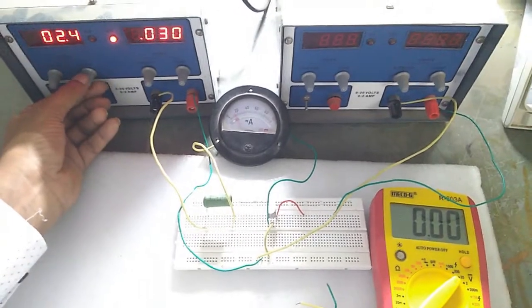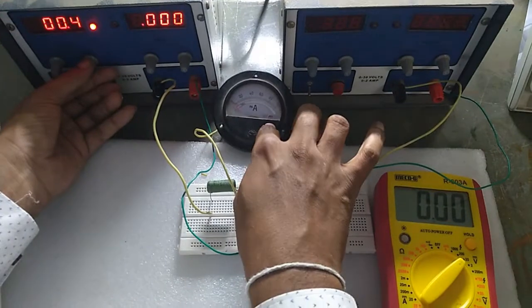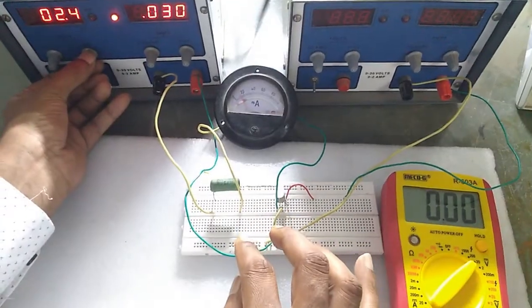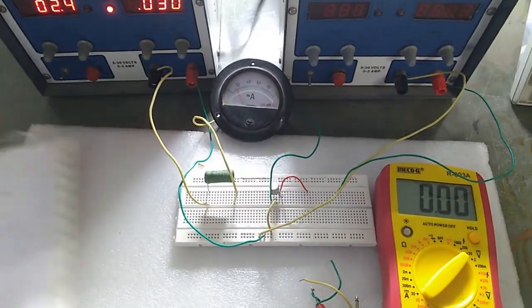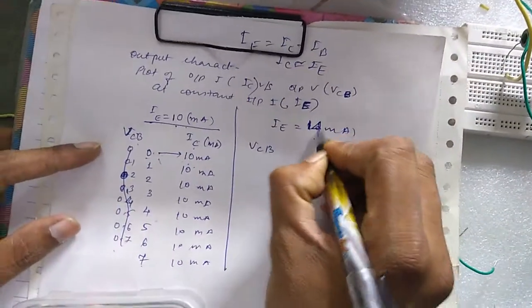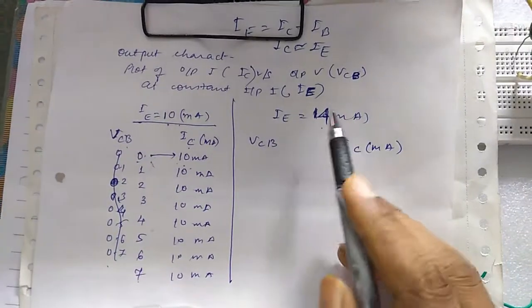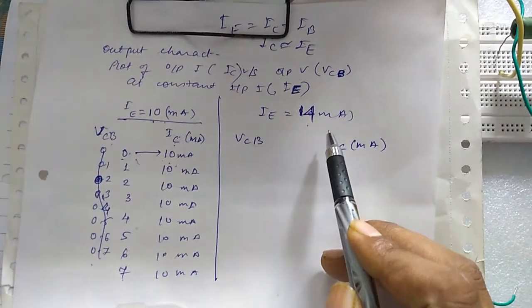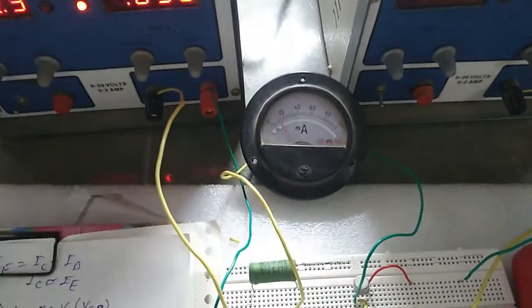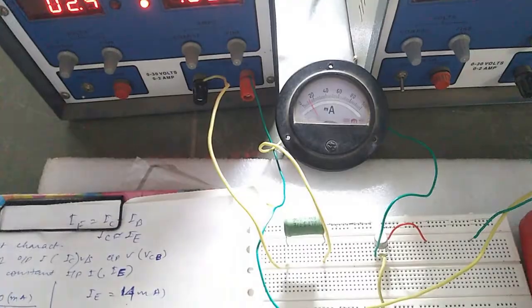The maximum current it is showing is only 14 milliamperes. So we will record the IE as 14 milliamps. So I have set IE equal to 14 milliamps because on my ammeter the maximum current is 14 milliamperes only.